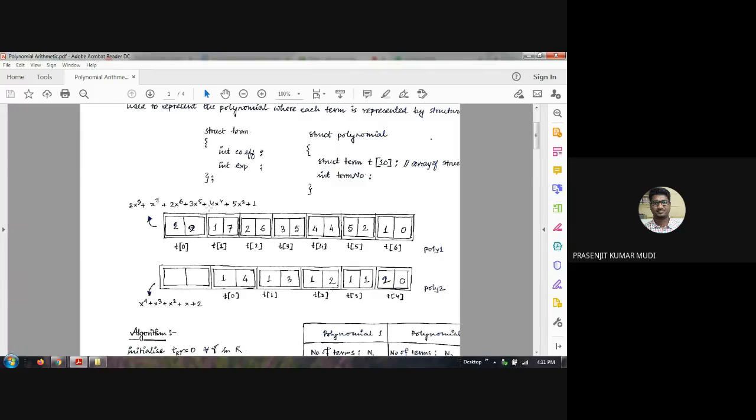For example, here 4x to the power 4 and x to the power 4 are like terms, so their powers are compared and found equal. Their coefficients are simply added: 4 plus 1 is 5, so 5 will be the resultant coefficient. The overall term will be 5 into x to the power 4, taking the power of either term because both powers are the same. So this is the logic of how we add the terms of two polynomials.